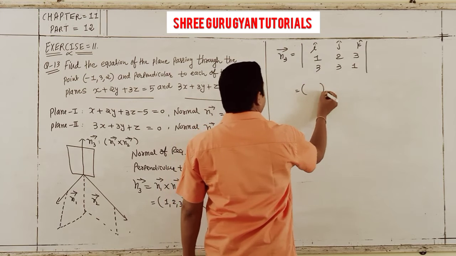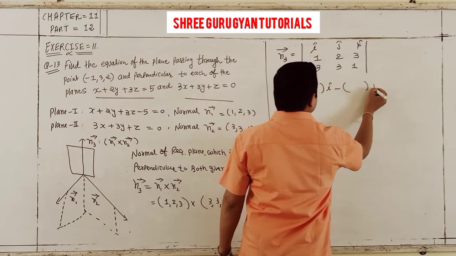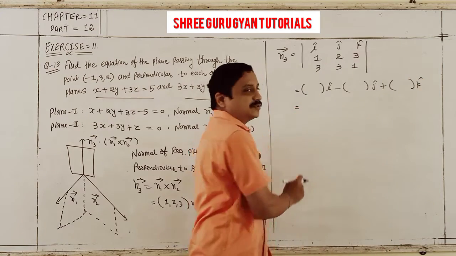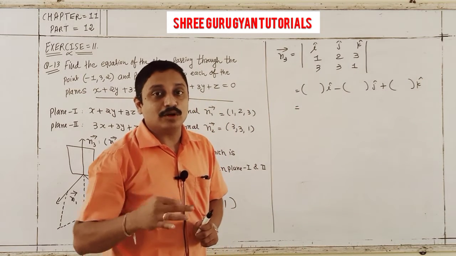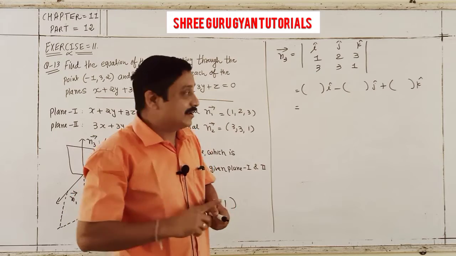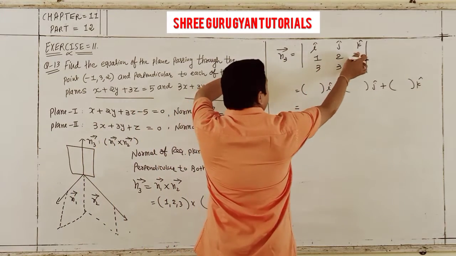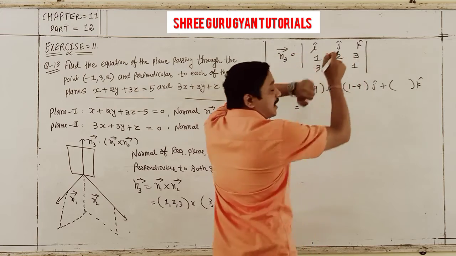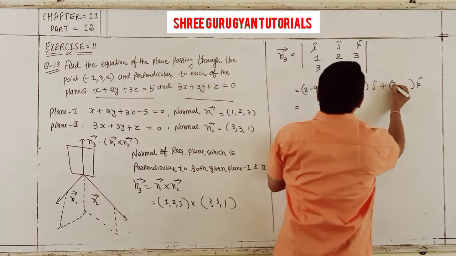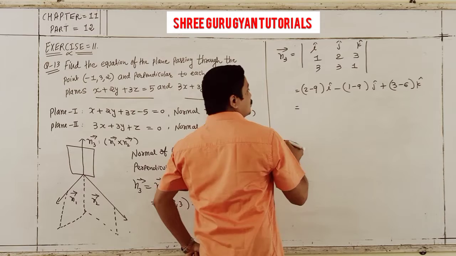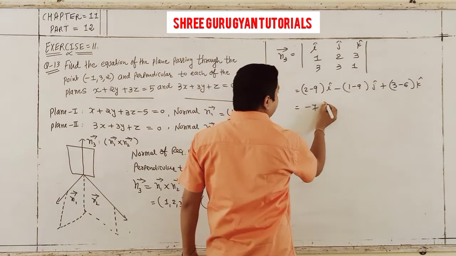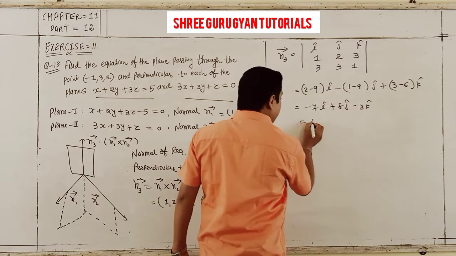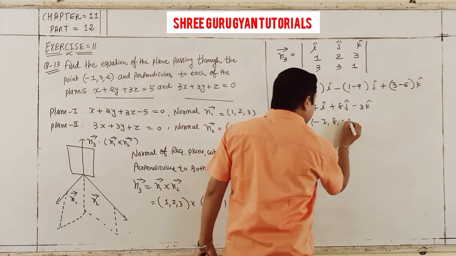Now, students, you will derive the normal of the third plane, I mean the required plane. So 2 minus 9, 1 minus 9, and last 3 minus 6. Your answer is minus 7i plus 8j minus 3k, that is, minus 7, 8 and minus 3.